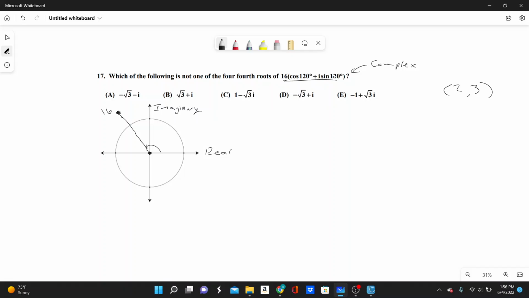Now, we're going to have to take the fourth root, and lucky for us, we have a formula for this.